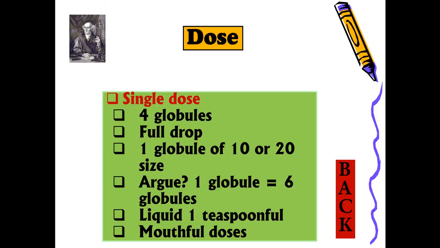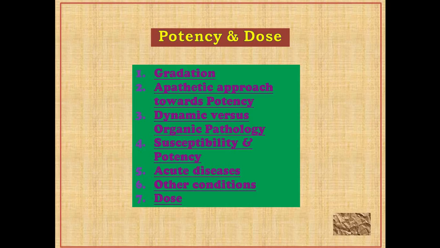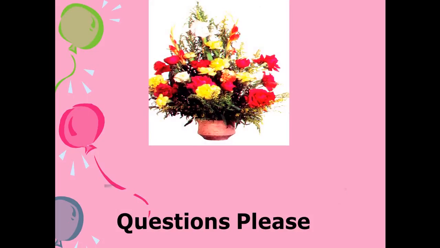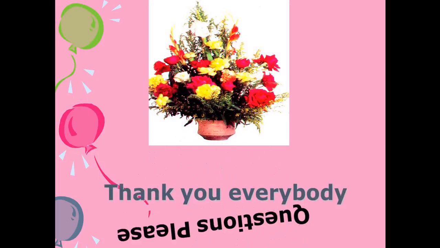That is why finally Hahnemann went from globules to liquid, because a larger number of nerves was affected. So that is all about our potency, repetition and dose.